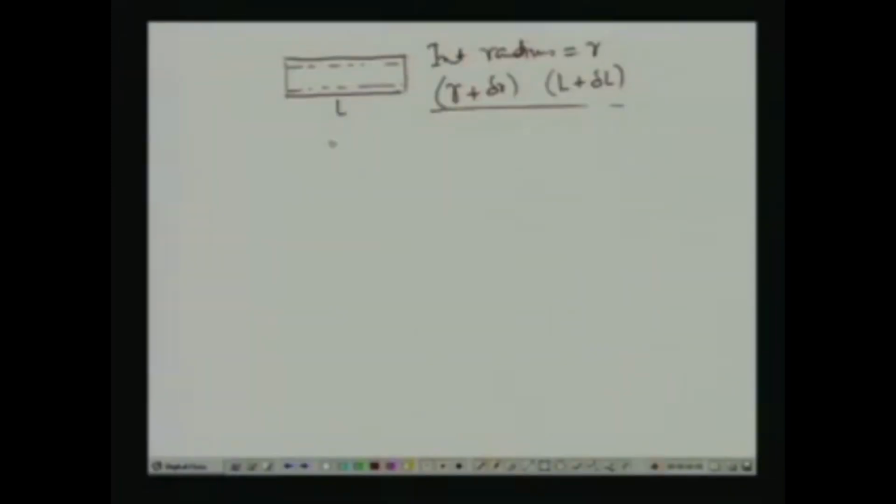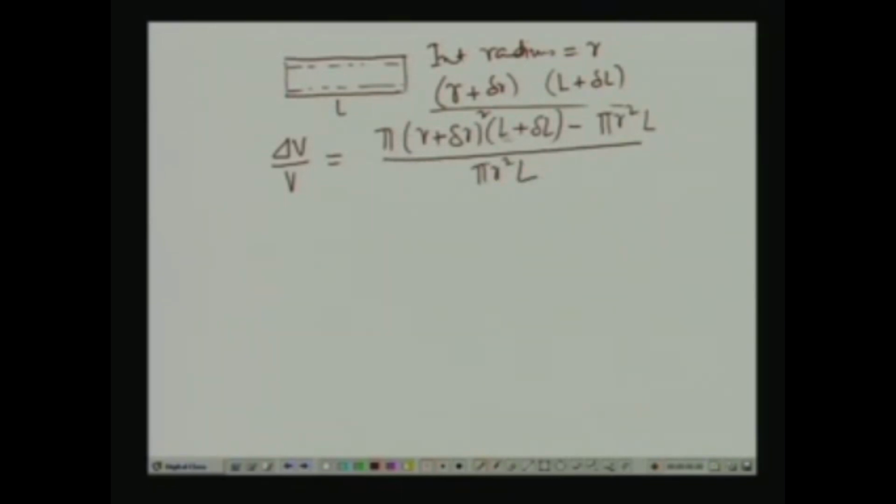Now, if these are the changes, then for the volume of the cylinder, delta V by V is equal to pi into R plus delta R square times L plus delta L, this is the changed volume, minus pi R square L, the original volume, divided by pi R square L. So, this is the final volume after the deformation has occurred minus the initial volume, divided by the initial volume.